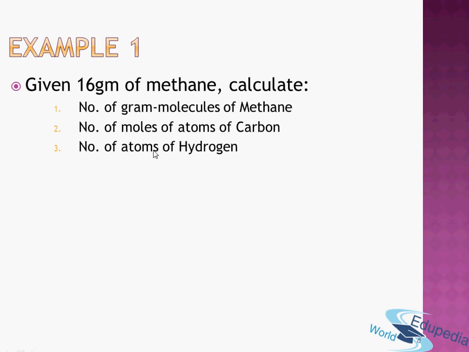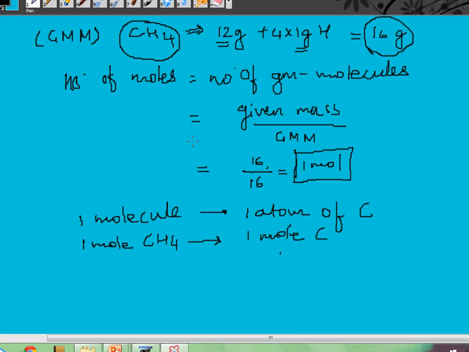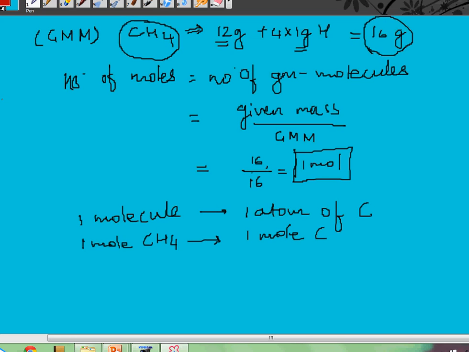Alright, the last part of the question is we have to calculate the number of atoms of hydrogen. So let's see how we can do that. To calculate the number of moles of hydrogen, we'll solve it over here.